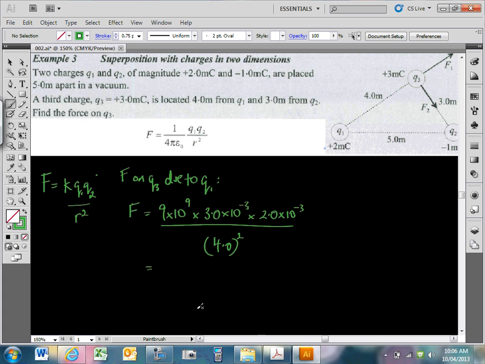A quick calculation will give us 3,375 newtons. Quite a large force.